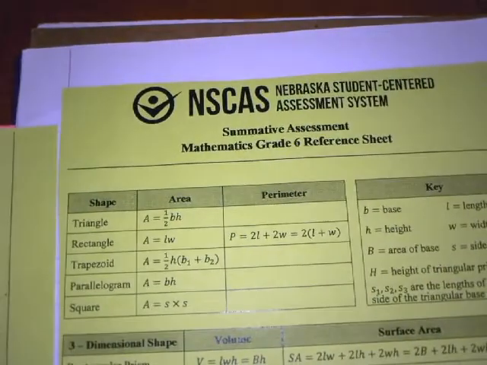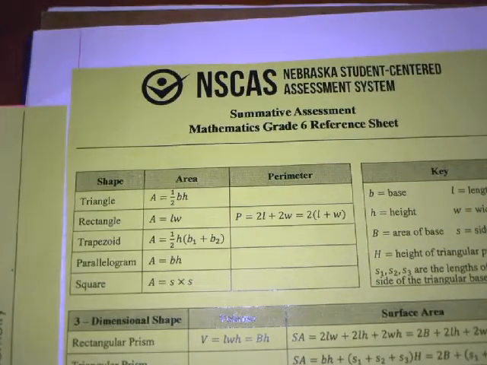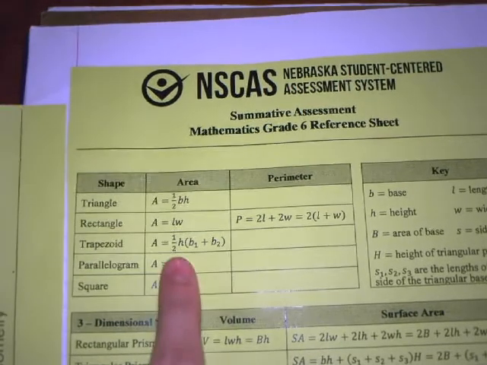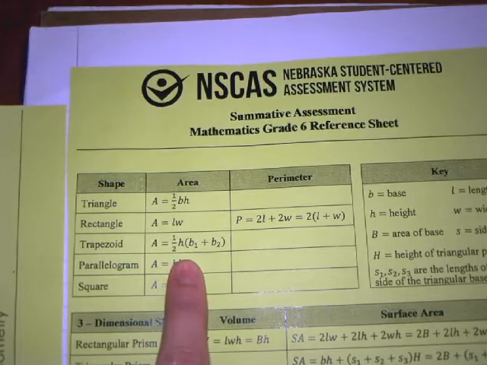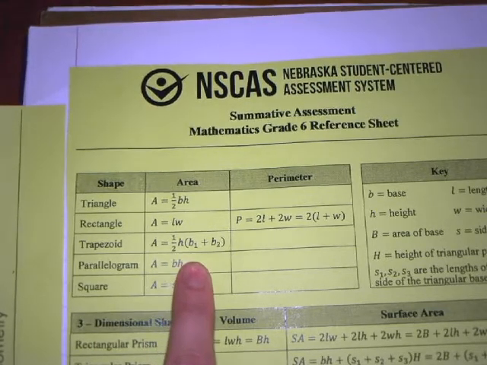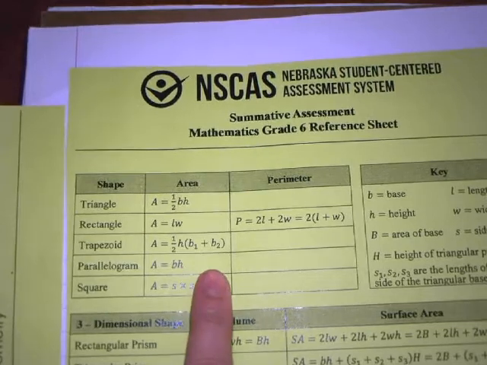Find where it says trapezoid. And that's actually the formula that we need to use because that's the one that I need you guys to get used to because that's the one that's on the InSCAS reference sheet, not the other one. Okay, so this is the one that you guys will be able to use. So right here it says area equals 1/2 h, which is height, and then inside parentheses B1 plus B2.